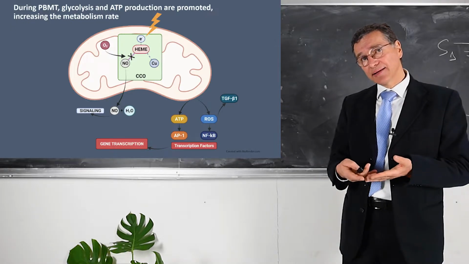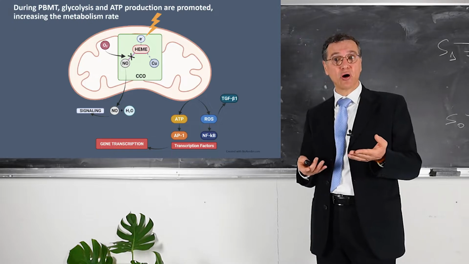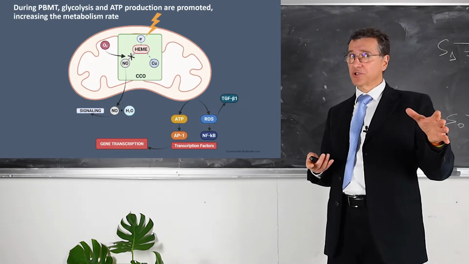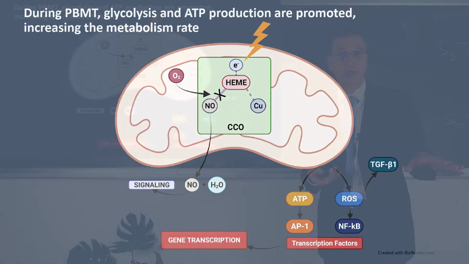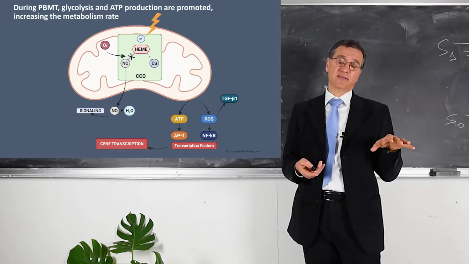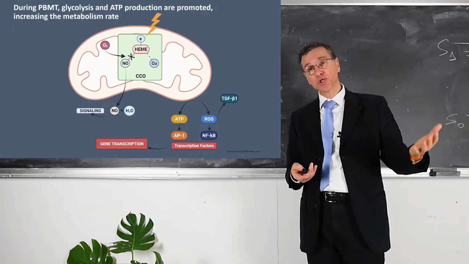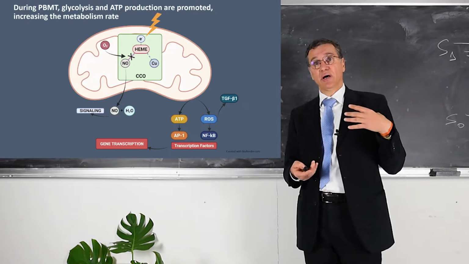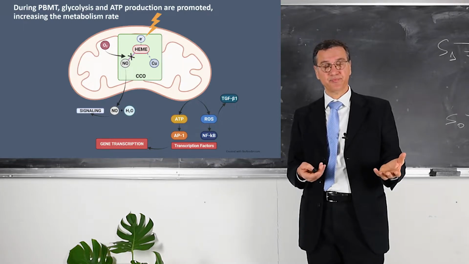And when light interacts with the cytochrome and in principle with the heme complex, it delivers nitric oxide, it replaces molecular oxygen, but the nitric oxide, as you can see from this slide, is going to create signaling to produce components, metabolites that are going to change completely the metabolism and the activation process of cells.